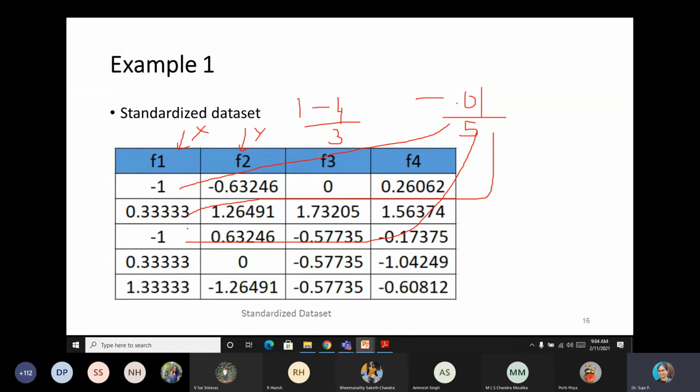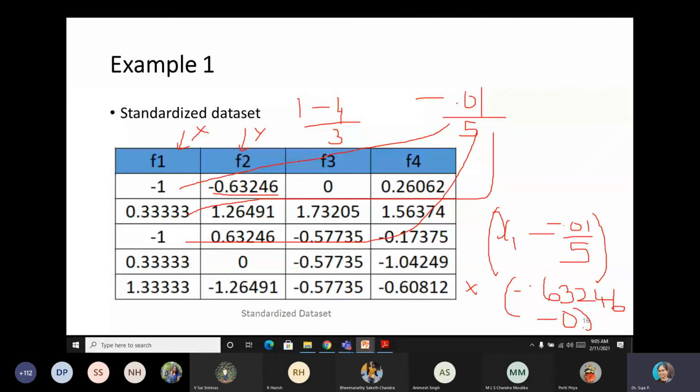Now what we have to do is minus 1, that is the x1, minus 1 minus this value, minus 0.01 by 5, into y1, which is this value, minus 0.6346, and then minus 0, because this f1 mean is minus 0.01 by 5.